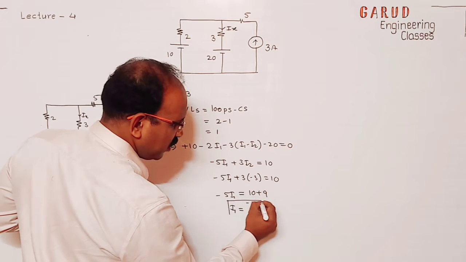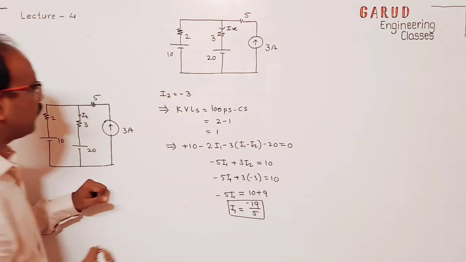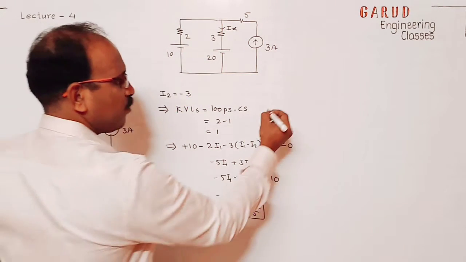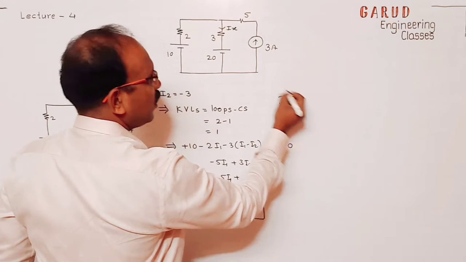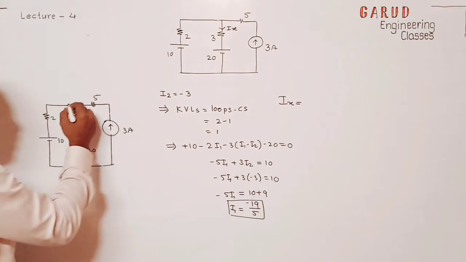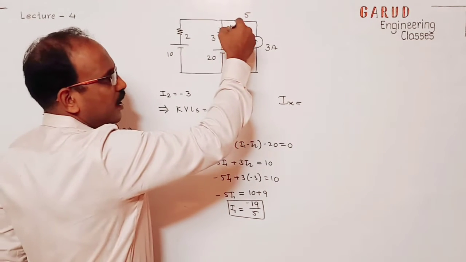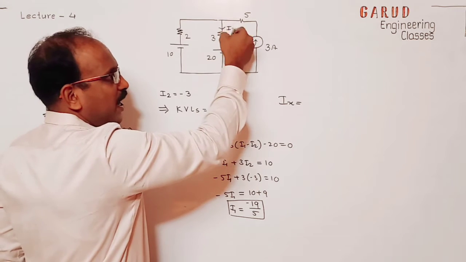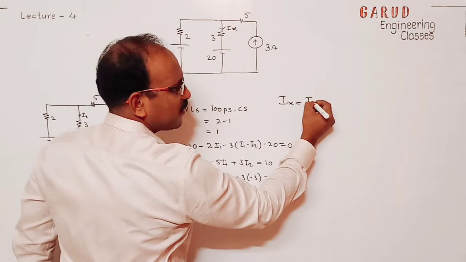But actually this is not the answer. What is asked? They want the current through the sharing branch, Ix. One current is flowing this way and another in the other way, so Ix will be I1 minus I2.